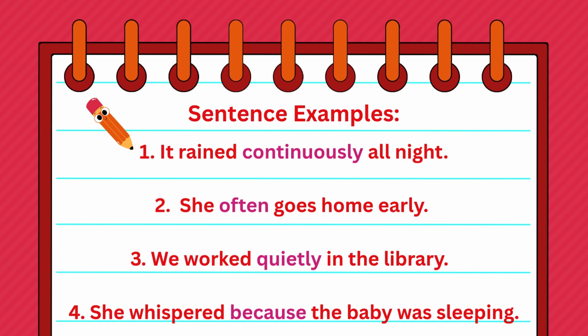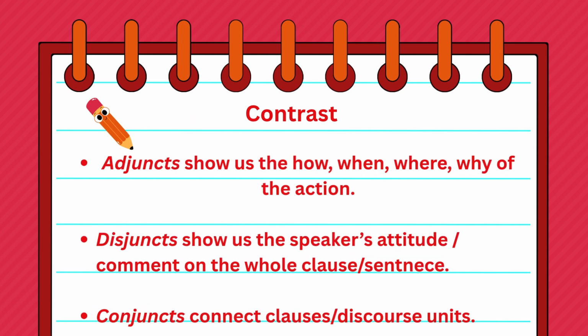Now let's look at the contrast between the three types of adverbs that we've looked at for these three lessons we've had. The adjuncts, which is what we're doing today, shows us how, when, where, why, and so on of an action.